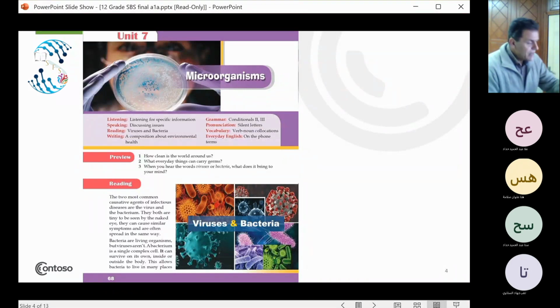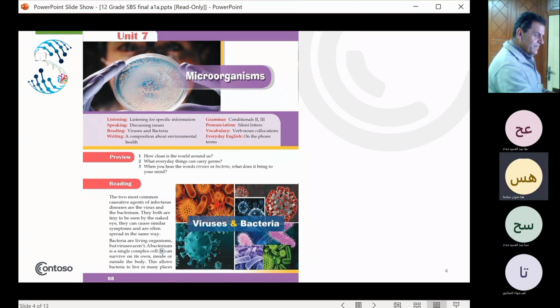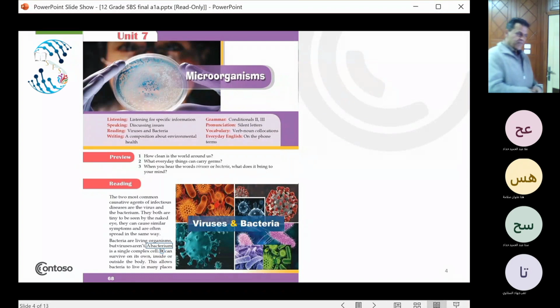What does it mean here, it? Bacteria. Yes. A bacterium, singular. Let's continue the text. This allows bacteria to live in many places.